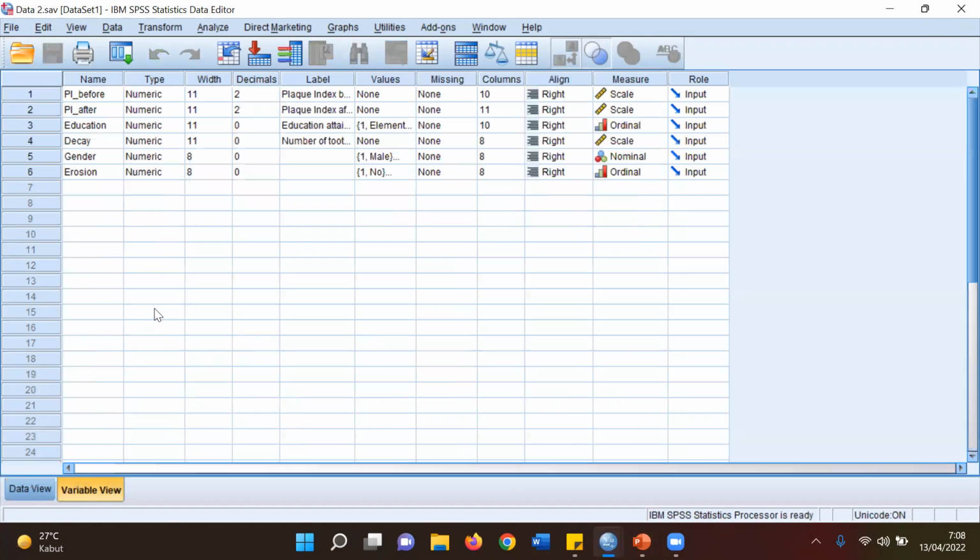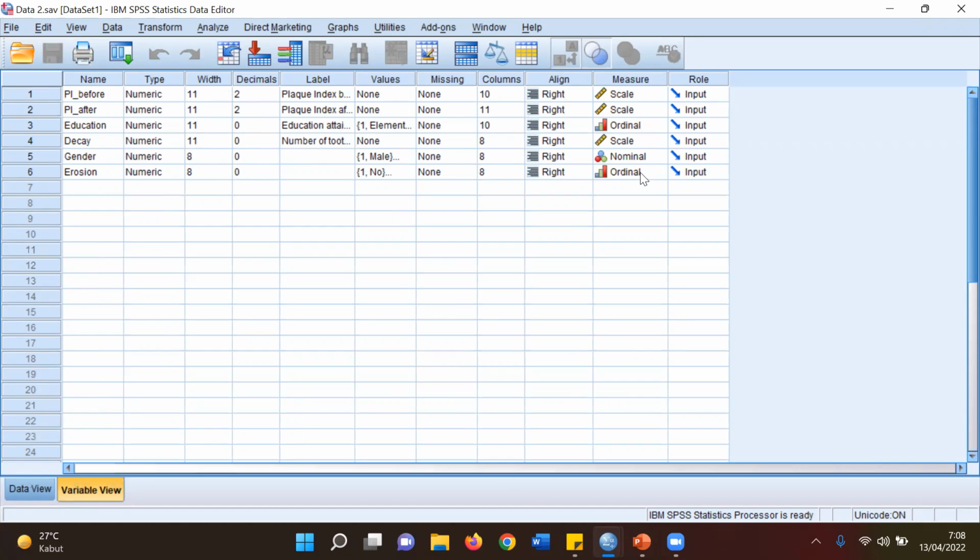Here you can see the names of the variables, making sure of the decimals, which variable should have decimals and which not, then labeling the variable and also valuing the variable if needed, and making sure that we jot down the measures as well.